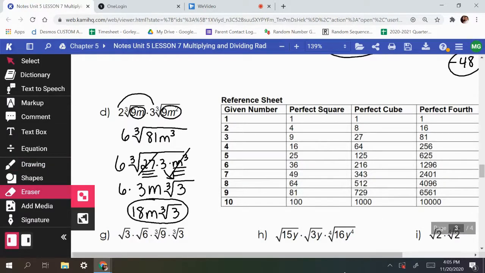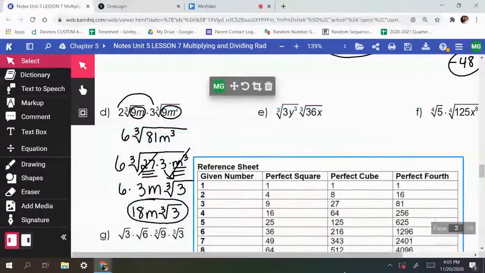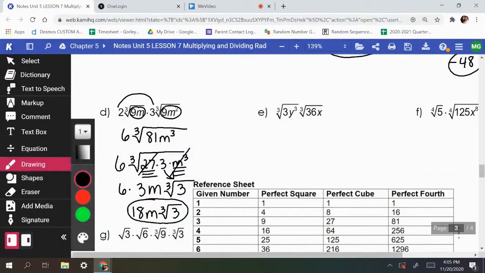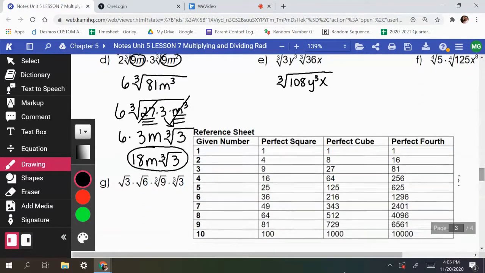Go ahead and move this out of the way again. Okay, we have cube roots here, so I'll multiply. 3 times 36 is going to give us 108. Y cubed times nothing, we just get y cubed. And then x times nothing is just x. Okay, so is 108 a perfect cube?